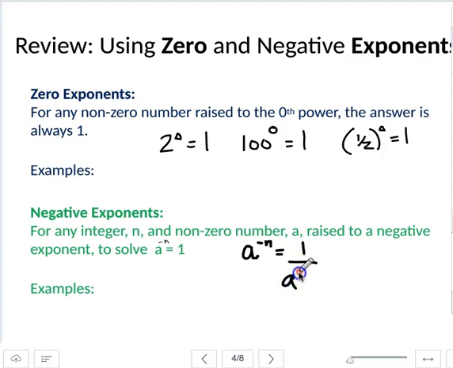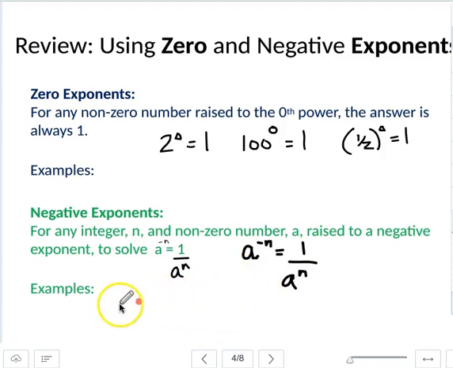So for negative exponents, anytime you have a non-zero base number a raised to a negative exponent, to solve, we get this pattern that exists. It's all right here. I just rewrote this as this.